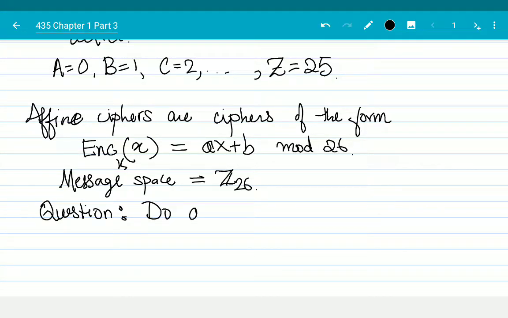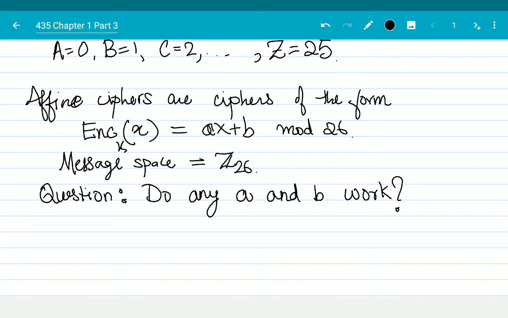Do any a and b work? So what does it mean by can any a and any b work?